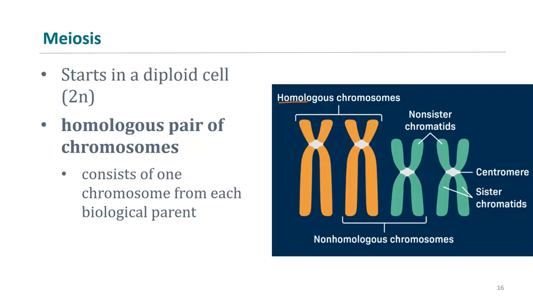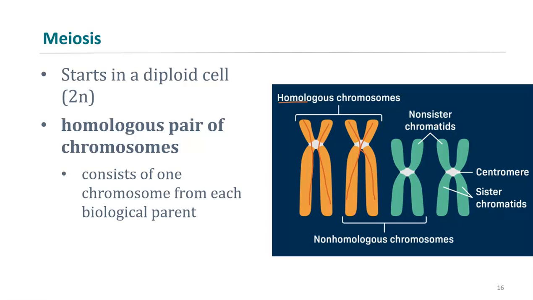In this case, we're showing the chromosome and then the sister chromatid. So there's the chromosome from mom and then its sister chromatid. Here's the chromosome from dad and its sister chromatid. So these represent what we call homologous pairs or homologous chromosomes.